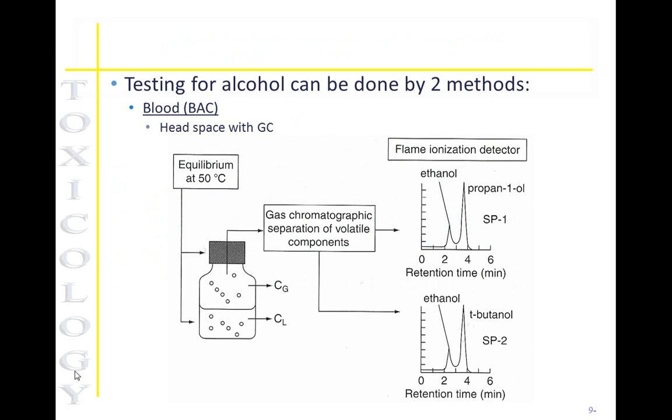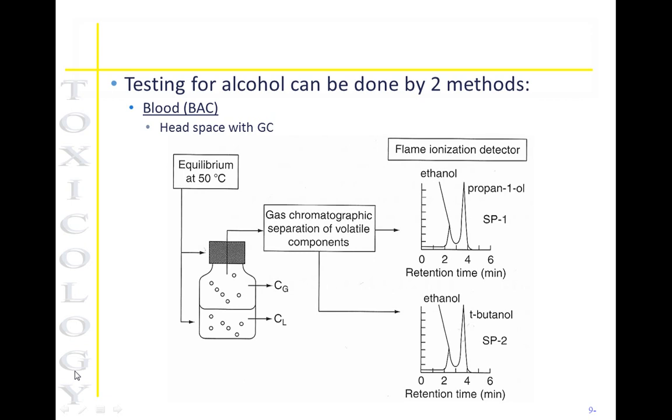There are 2 different methods of testing for alcohol analysis in a forensic laboratory. It depends if you are doing blood alcohol content or breath testing. The testing for alcohol can be done by either method. With the blood alcohol content, at a given temperature the amount of alcohol in the air of a contained vial will be the same in proportion to the amount of alcohol in the blood.